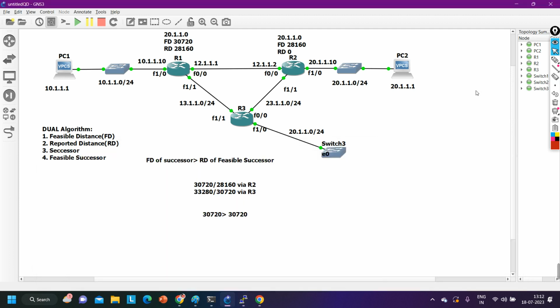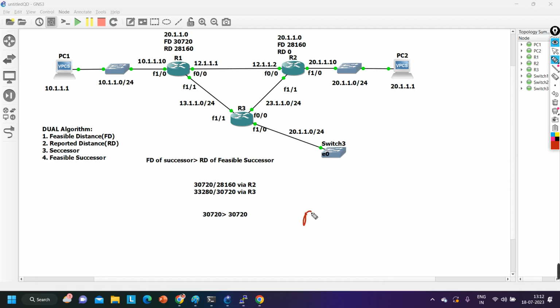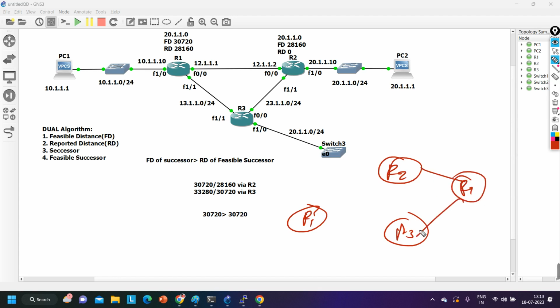In real time, let's say this is my topology: R1, R2, R3 and R4, and let's say R4 has some prefixes A, B, C. Now if router 1 wants to reach this network, how many paths does router 1 have? 2 paths.